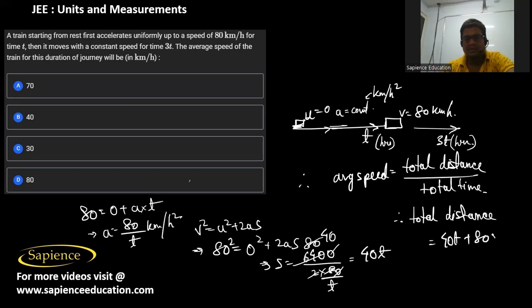That will be 80 into 3t. So this much kilometer it will travel, and the total time is 4t.